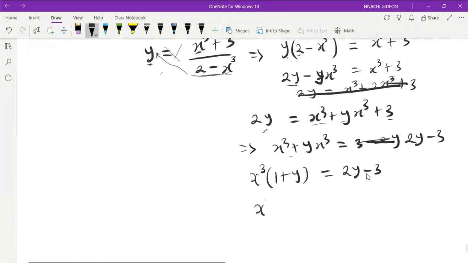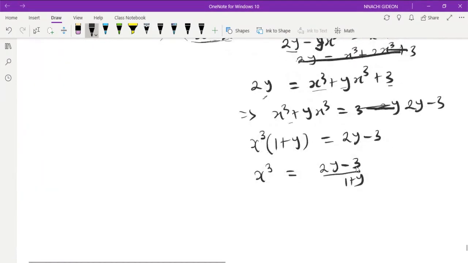So that means x cubed is equal to 2y minus 3 over 1 plus y. I don't want to make x cubed the subject formula. It's x that I'm interested in. So if cube crosses equality sign, it changes to cube root. So this becomes cube root of 2y minus 3 over 1 plus y. Yes, sir.